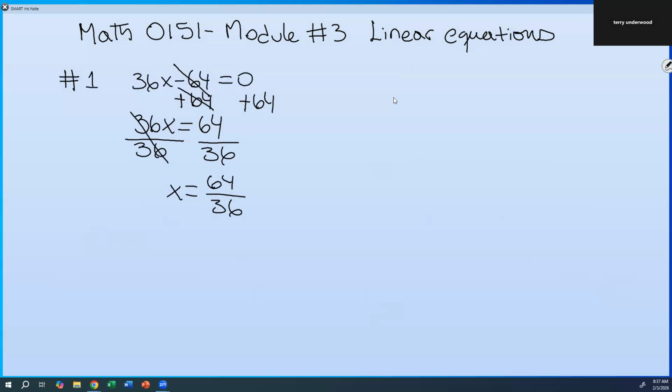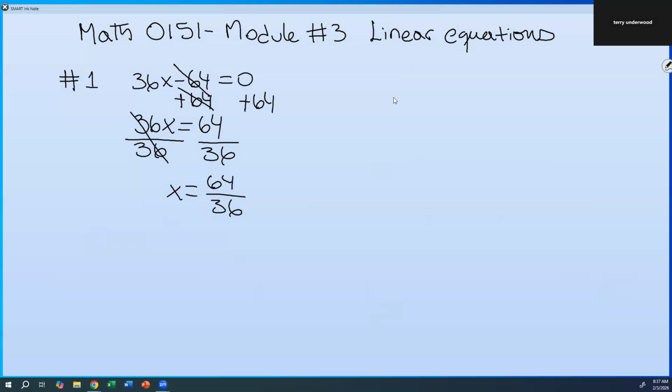Remember, every time that you submit an answer to me or to your homework, when you do MATLAB, they will request that you submit an answer in lowest terms. And I can still simplify this fraction.